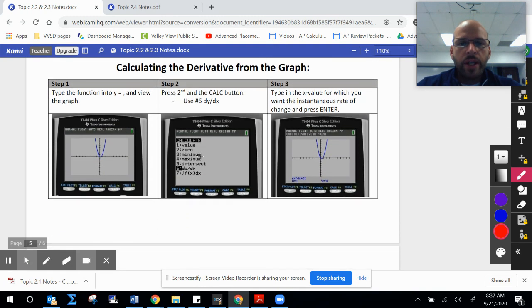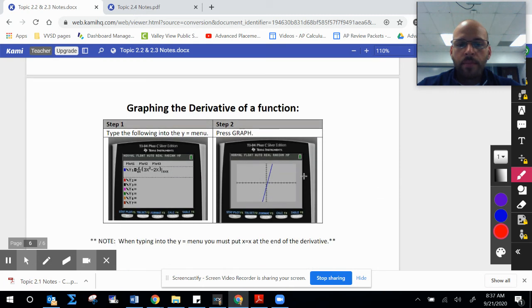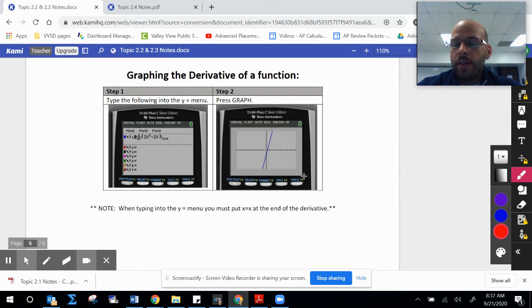You can also do it from the graphing screen. So you can graph the function. Second, calculate dy/dx, type in the number you want the slope for. And you can even graph the derivative of a function if they give it to you using this notation, okay?